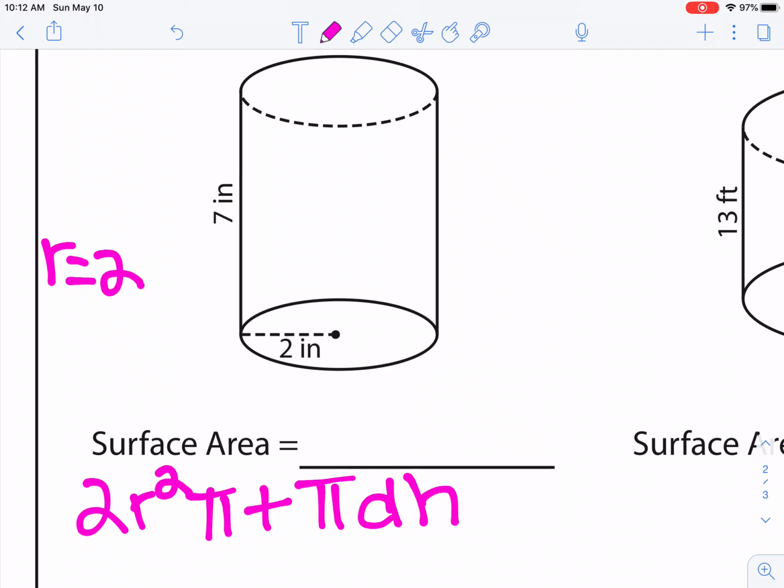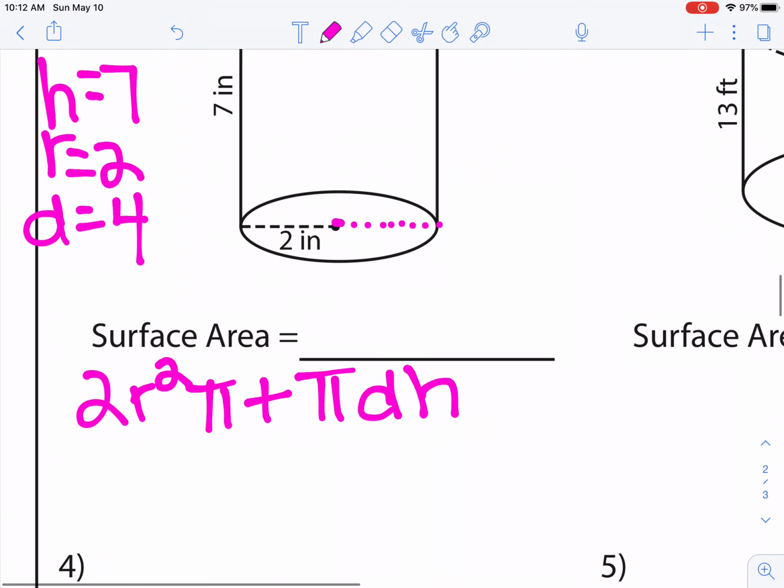That's what's given. We know the height is 7. And the other piece that we need for the formula is the diameter. Well, if we know the radius, we know the diameter. Remember, the diameter goes the whole way across the circle, so it would be double the radius. So it's 4.